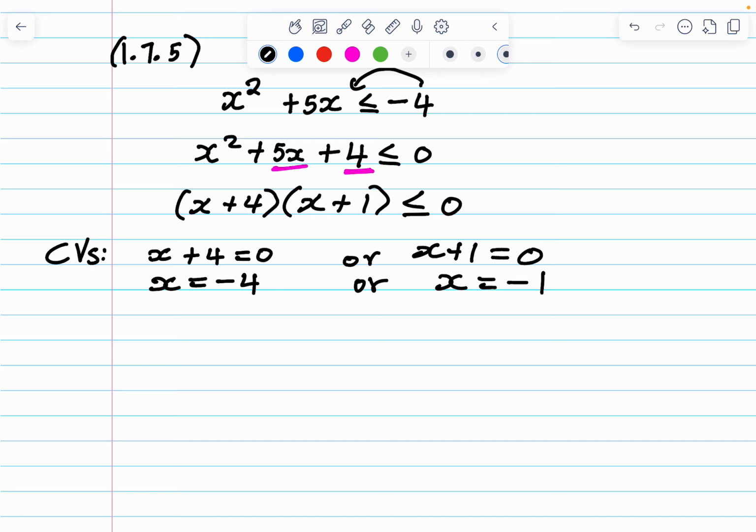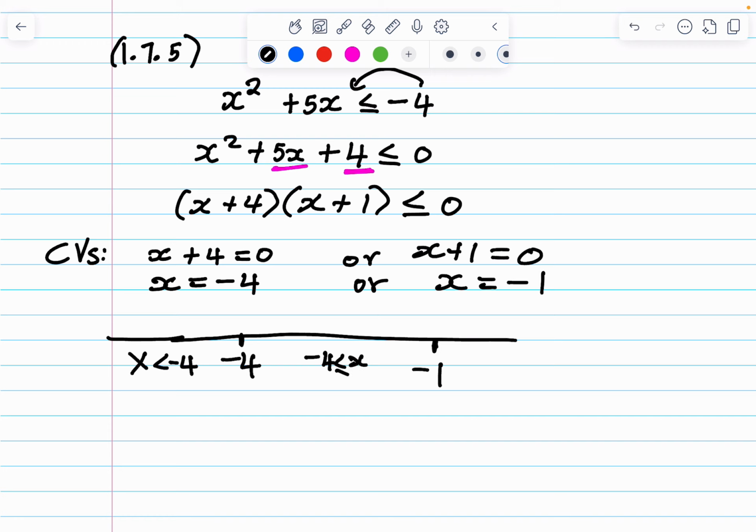And then let's agree, guys. The critical values will divide the number line into 3 regions, right? Let's draw a number line. We have the smaller number first, and then the bigger one. The region this side will be all the numbers that are smaller than minus 4. The region in between will be the numbers that are in between those two numbers.